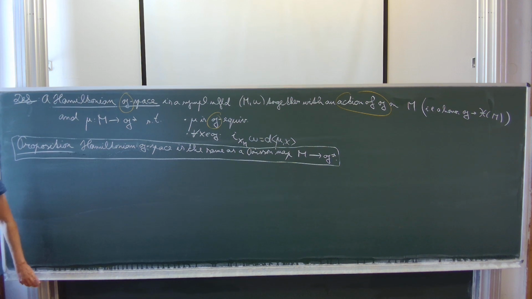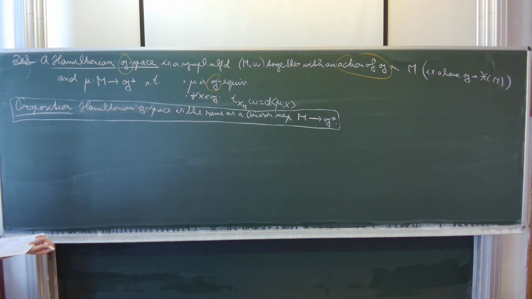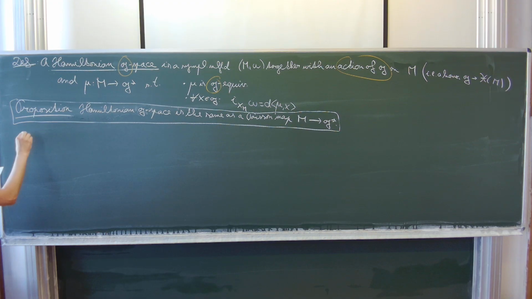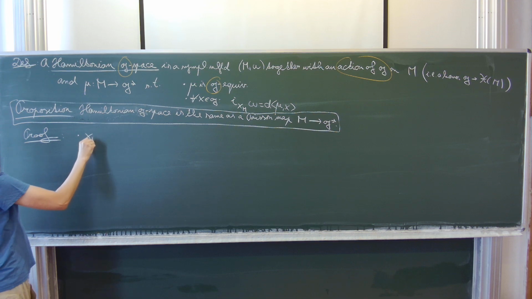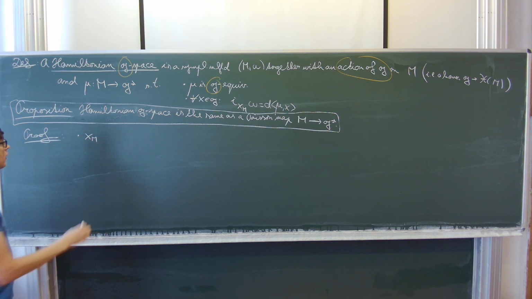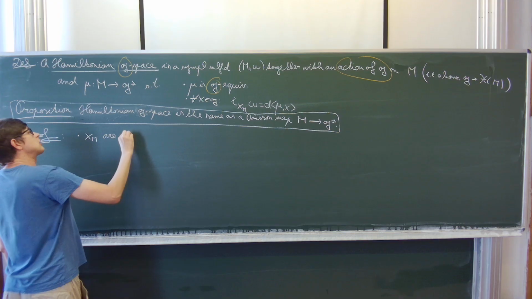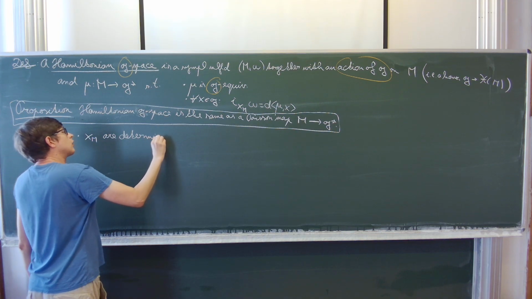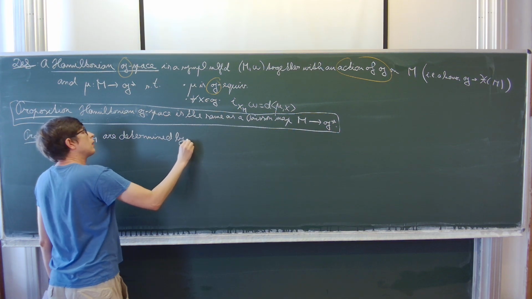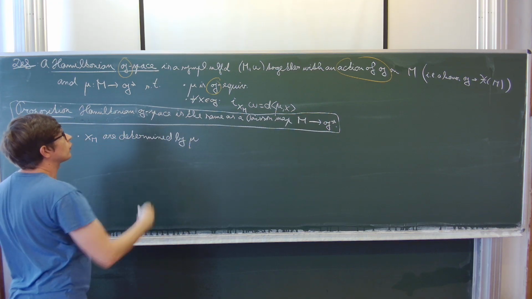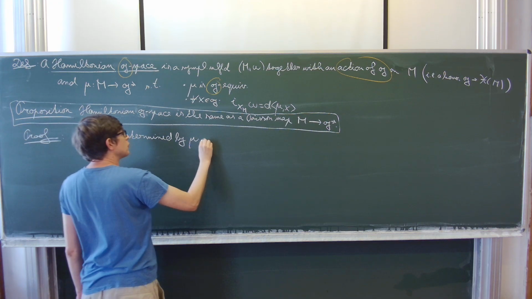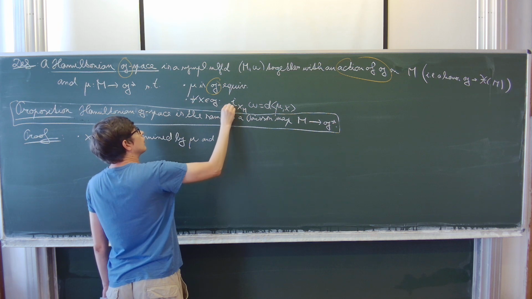Okay, is the statement sort of clear? If not, then let's clarify further in the proof. So the first observation is that these fundamental vector fields are in fact determined by mu, and the second condition here, mu and this condition.